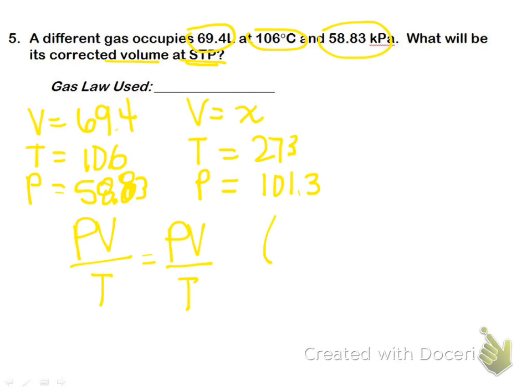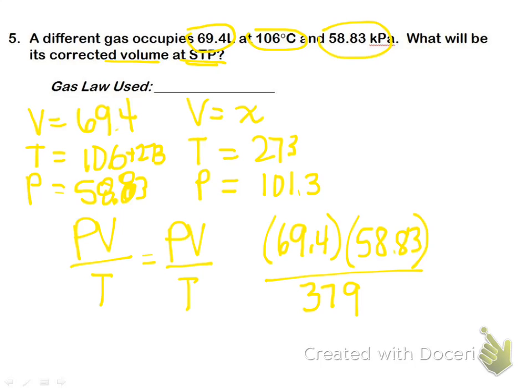Yeah, it's combined gas. What's up, Austin? Can you tell me if I set this up? Yeah. 106, there's a problem. What do I have to do with the 106? I have to add 273 to it. Don't forget to convert to Kelvin. 379.